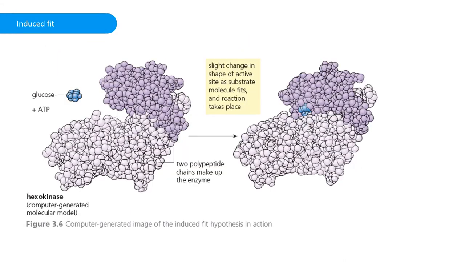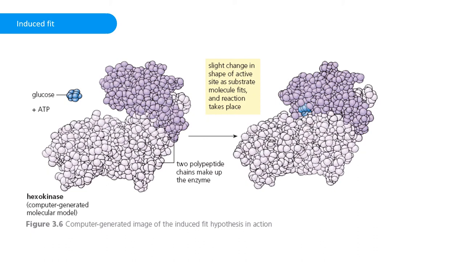But as was said two slides ago, the active site does change shape slightly. So although the lock and key hypothesis is true in that the active site is super, super specific, it only lets molecules with a certain shape bind into it, the active site does change shape.